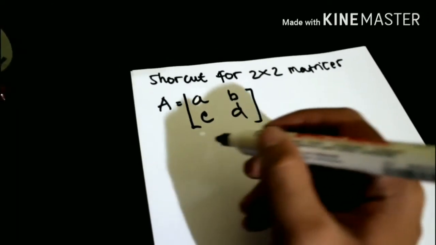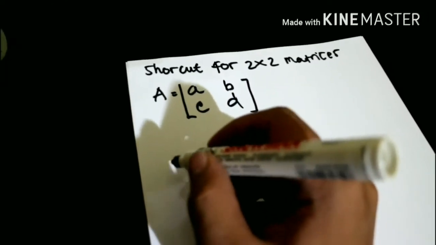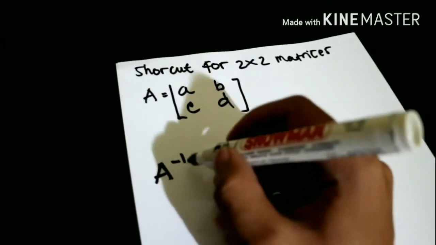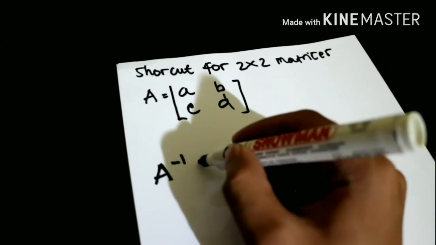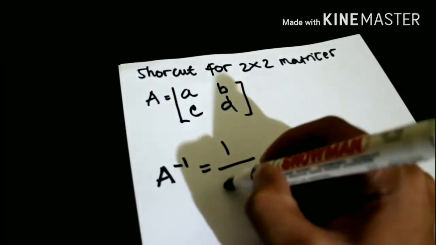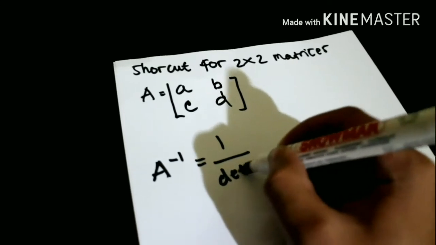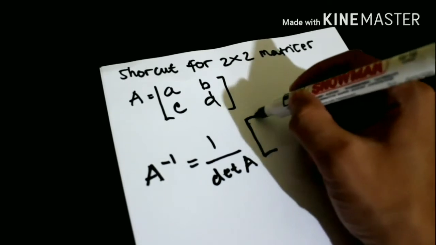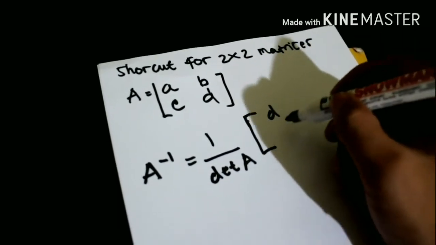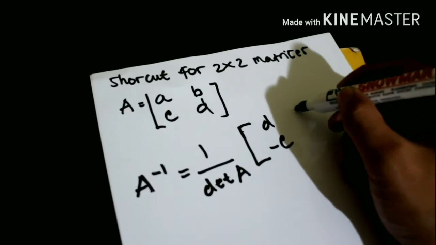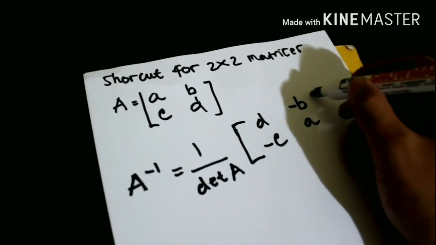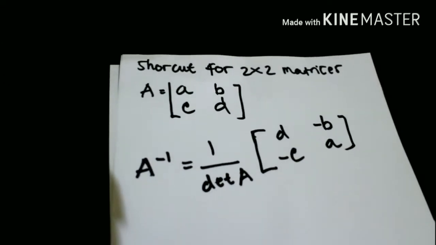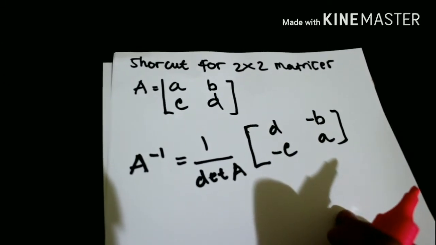First, the formula for the inverse matrix is A to the power of minus 1 equals 1 over the determinant of A, times [d, -b; -c, a].